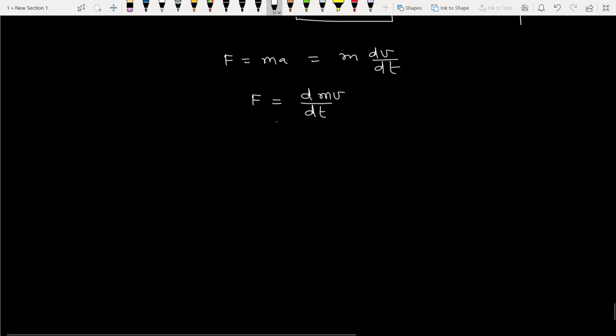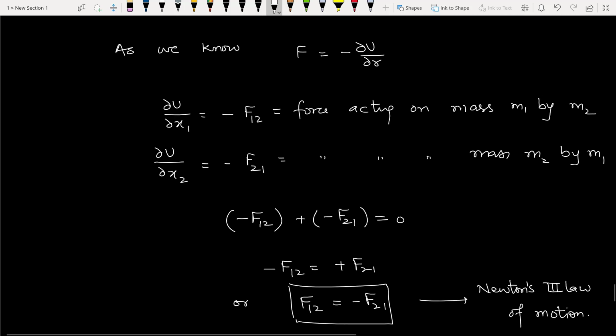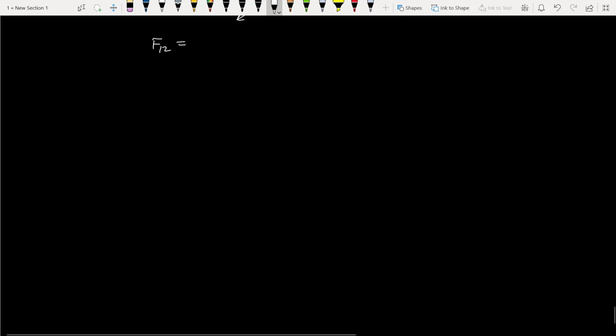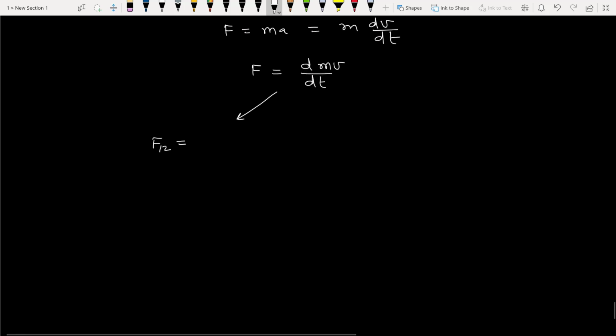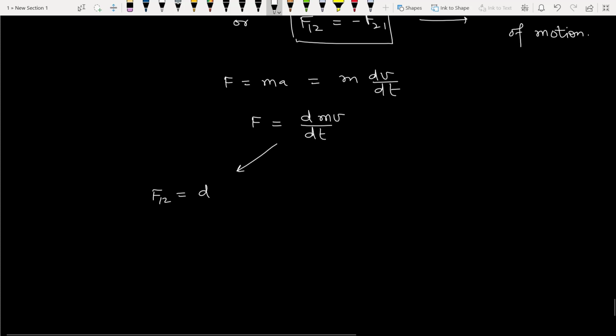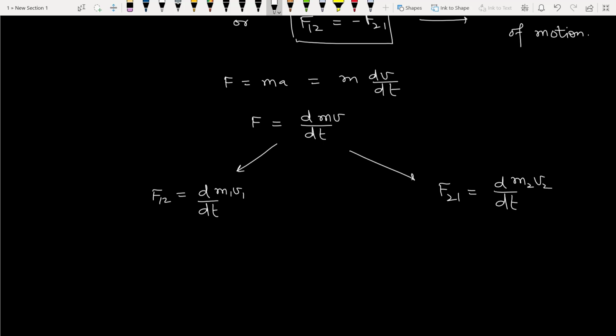So F12, acting on mass m1, will be d by dt of m1v1, and F21 will be d by dt of m2v2.